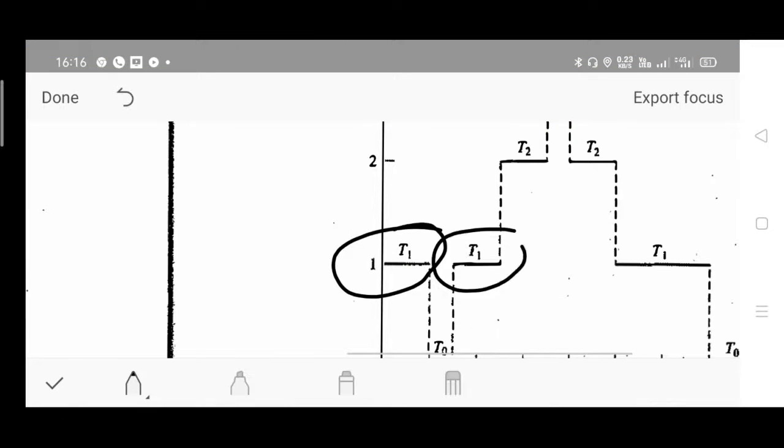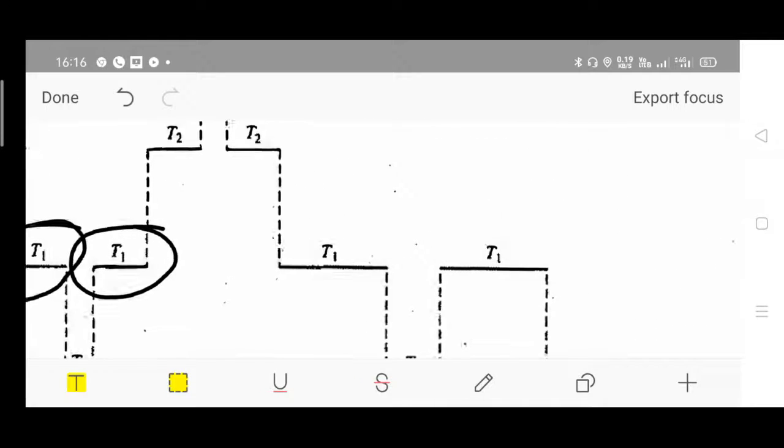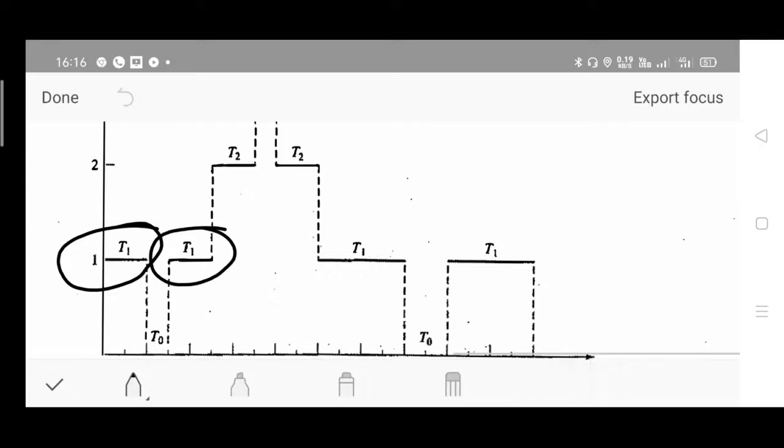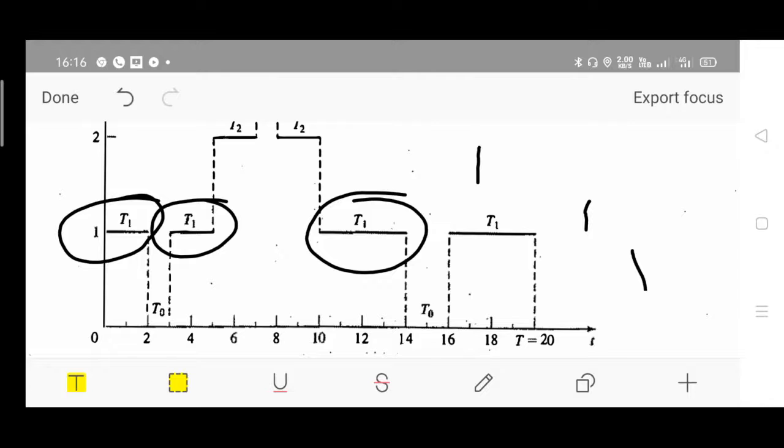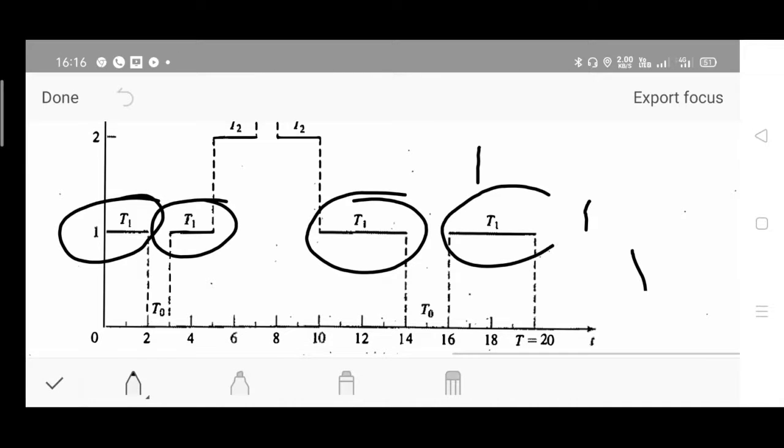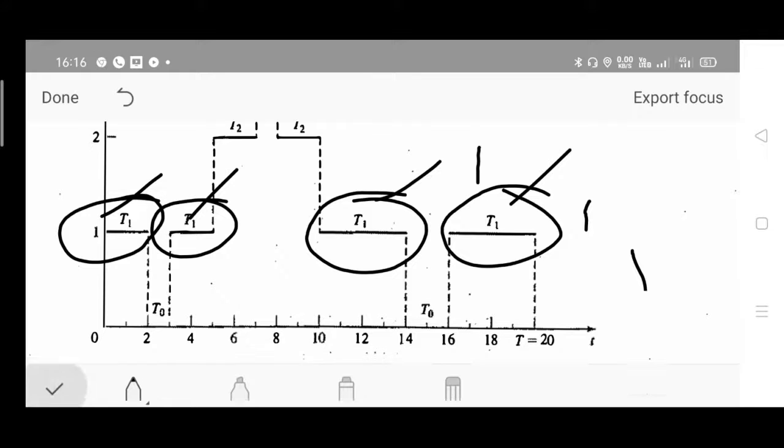Two minutes plus 2, total 4 we have. 4 plus 10 to 14, how much? 4 minutes. 4 minutes plus 16 to 24: 2, 2, 4, plus 4 is 8, plus 4 is 12.